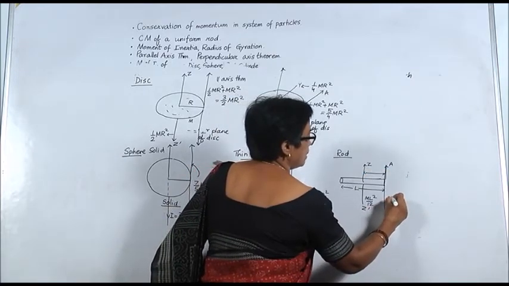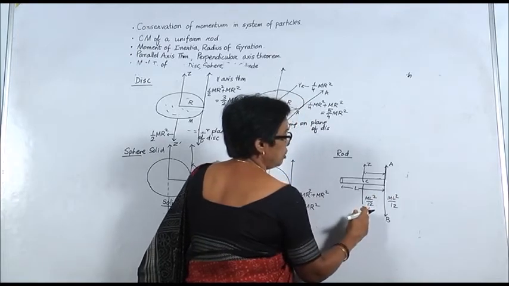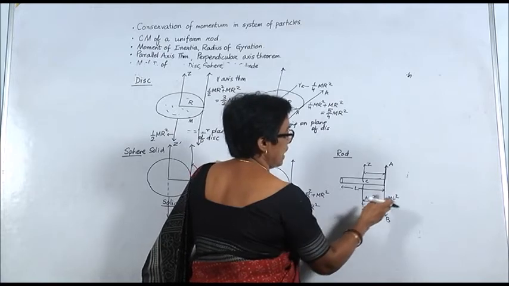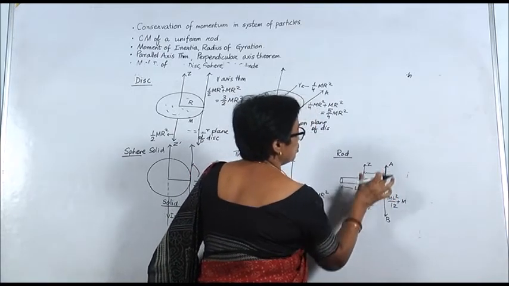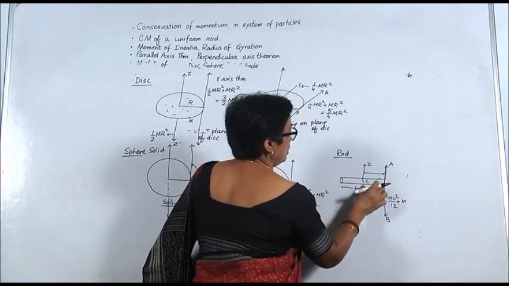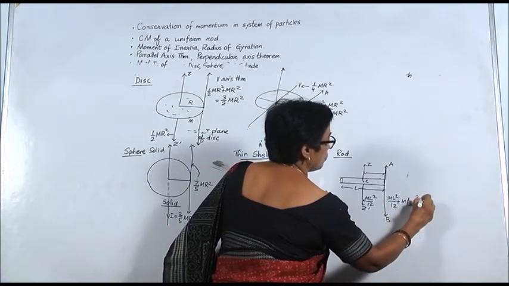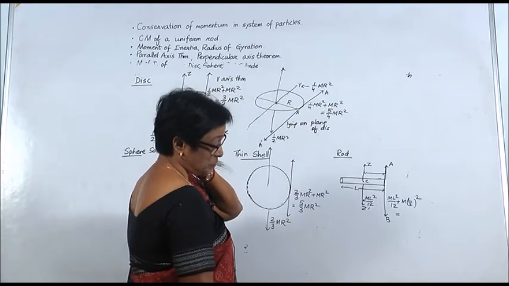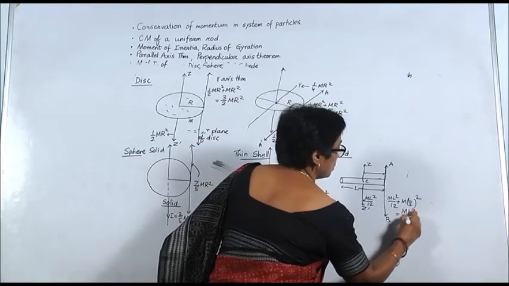So this will be m l square by 12, the moment of inertia about the center, z dash, plus mass into separation squared. The separation here is, if total length is L, L by 2. So L by 2 whole square. So this comes out to be m l square by 4. So 3 m l square by 12, so it becomes m l square by 3.